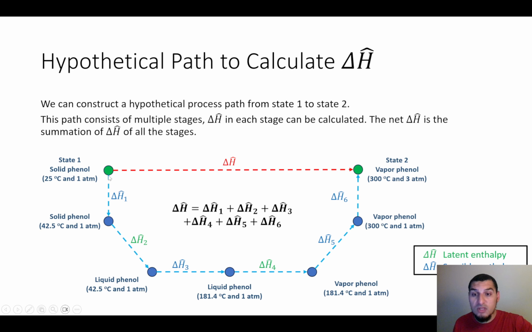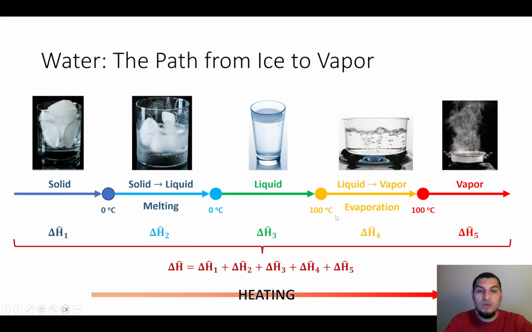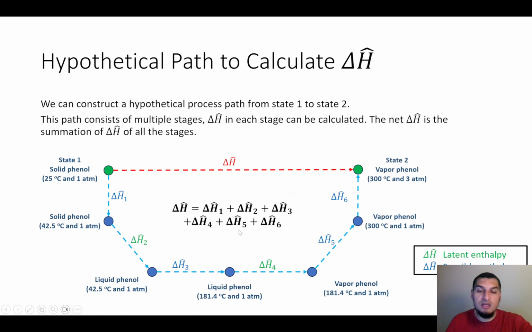So it's delta H1 plus delta H2 plus 3, 4, 5, and 6. So it's exactly what we did here. We said that this is how we broke the enthalpy change from here to there into steps. So it's exactly the same thing. We said that the enthalpy change from here to there is the summation of delta H. So we say here also that from here to there this is the delta H that we can go through.